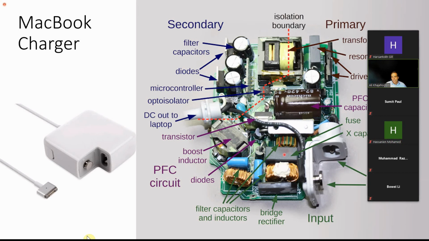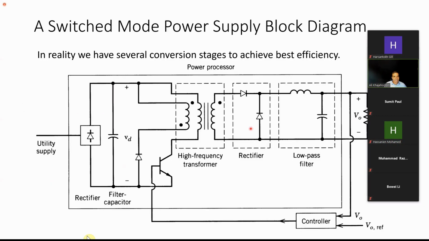And then you will have some bridge rectifier and the filter and the boost converter. These are all the power factor correction unit. It's called that because you want to create some AC current here.